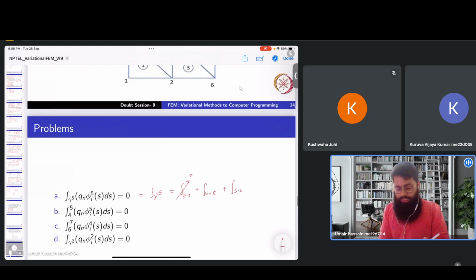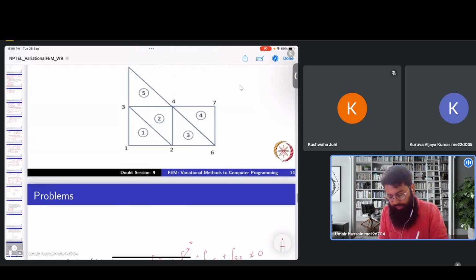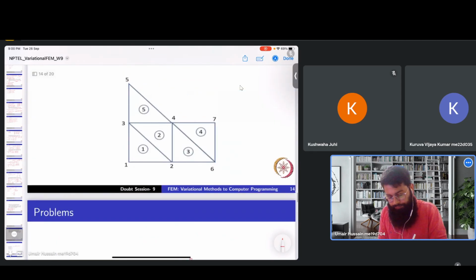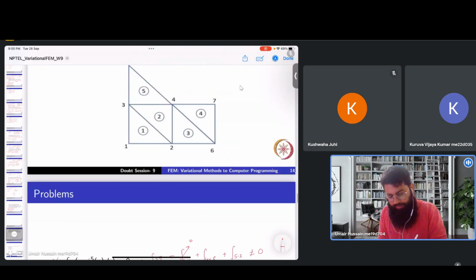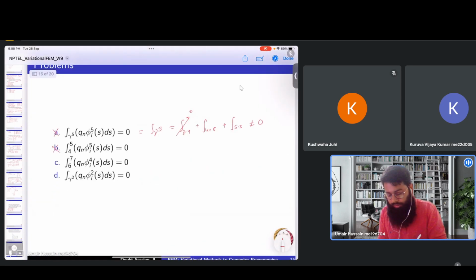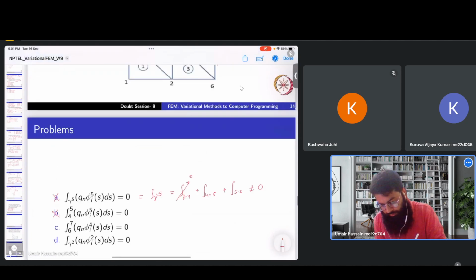There is Qn prescribed here, so these won't be 0. So this will not be equal to 0, so this is wrong. Then the integral over gamma 4, this is also not equal to 0, so this is also wrong. Then the integral over gamma 6, 6-7 is this face here. This is also not true.